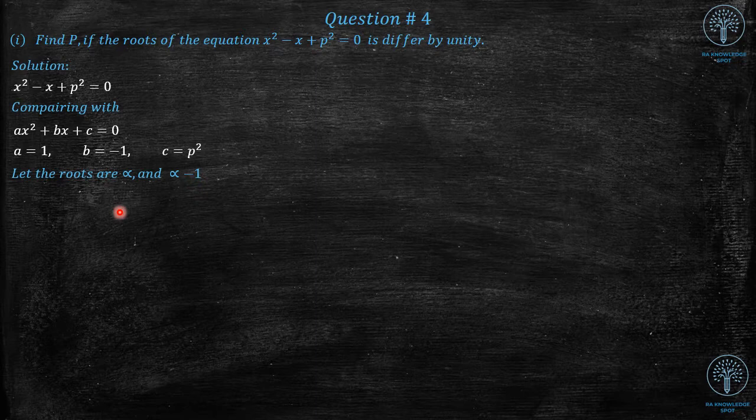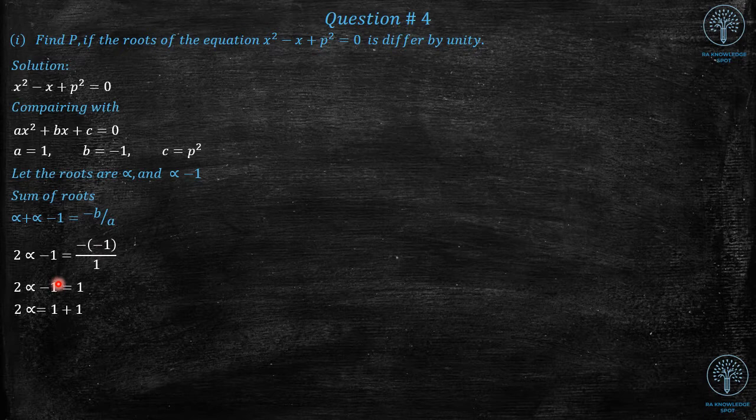Now we can't say that the sum is alpha plus beta, but what we will say is, as you know that alpha plus beta is equal to minus b by a, now we are going to say alpha plus alpha minus 1, because these are the two roots and we have to add them. After adding you will get 2 alpha, because alpha plus alpha gives 2 alpha. Minus 1 will be as it is. Now the value of b is minus 1 and you will get this.